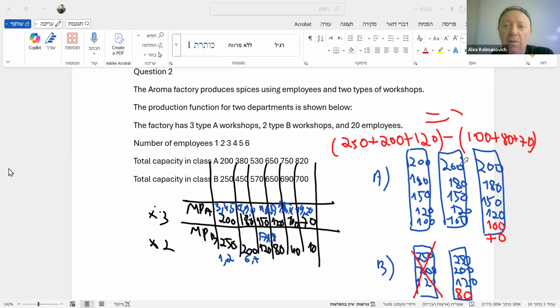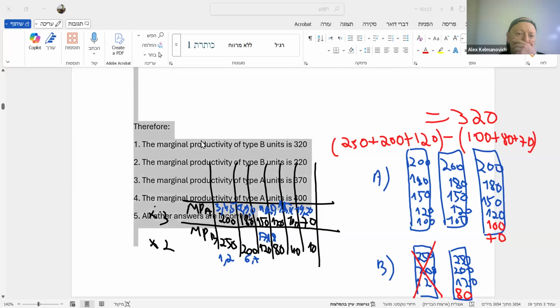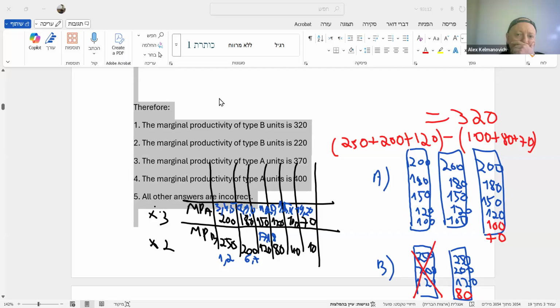So this is 320. So this is our answer. Answer number one, the marginal productivity of type B is 320.